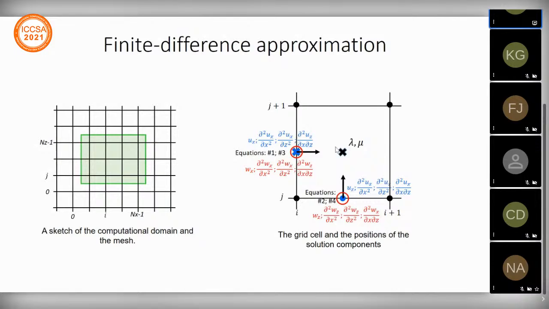So we finish up with finite differences, and these are staggered grid finite differences, where the different components of the displacement vectors are defined at different spatial locations.